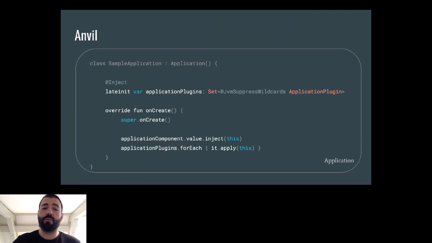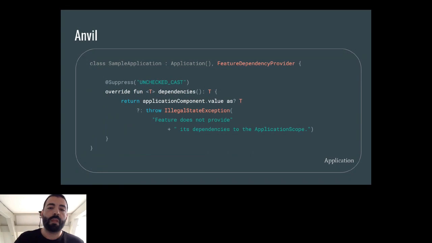And I don't have to know what they are. I don't have to care. It is provided by multi-binding, and it is coming from different modules that are spread around. That is thanks to Anvil, so I don't need to worry about it.